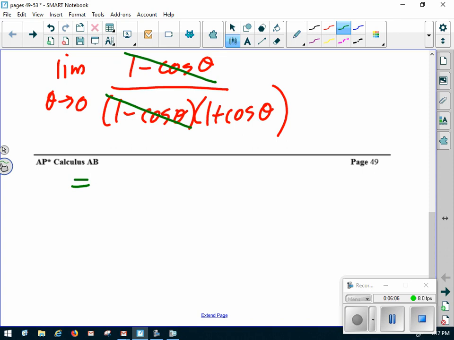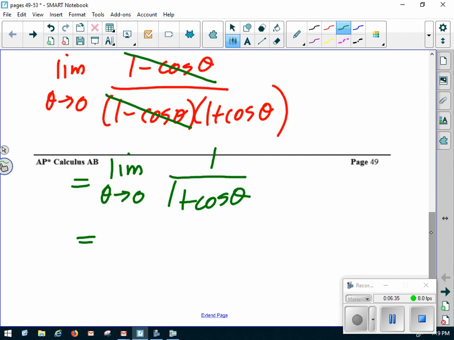But if you wanted, you could rewrite this as the limit as theta approaches 0 of 1 over 1 plus cosine theta. You don't have to write this step down. You could go straight from this to direct substitution if you wanted to.